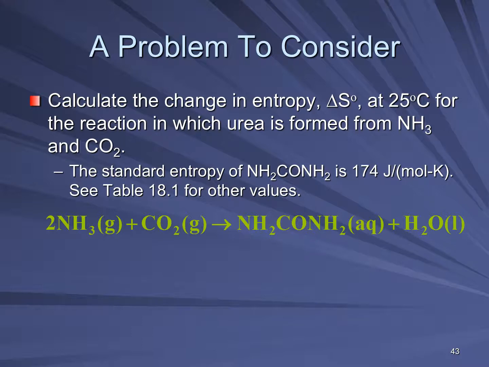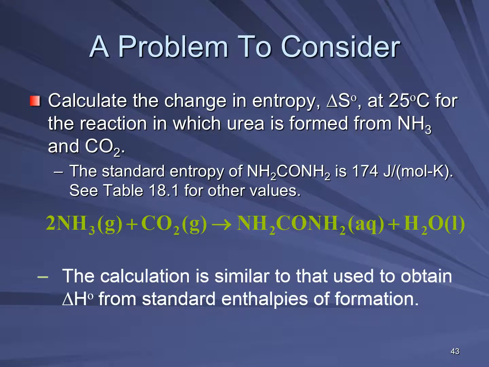If it's not found on the chart, it'll be given to you. Okay, so the standard entropy for urea is 174 joules per mole Kelvin. Look up the other values in the table, should be table 18.1.